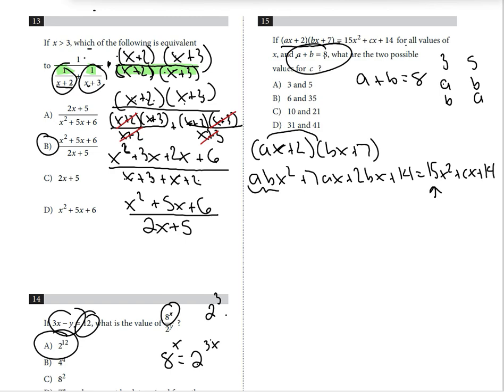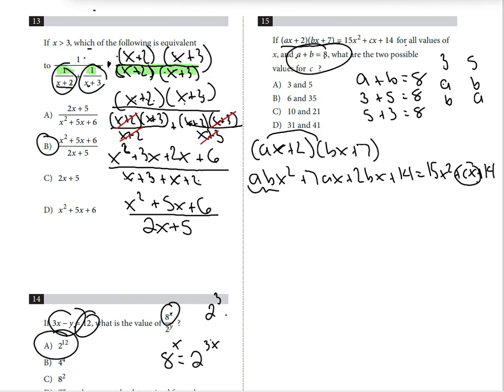That's what we're going to figure out. So we're going to do this twice. We're going to set up one equation where a is 3, b is 5, and we get 8. We're going to set up another equation where a is 5, b is 3, we get 8, and we're going to figure out what that c value is, because that middle value is going to change depending on the values of a and b. So let's do this, and you'll see what I'm talking about.